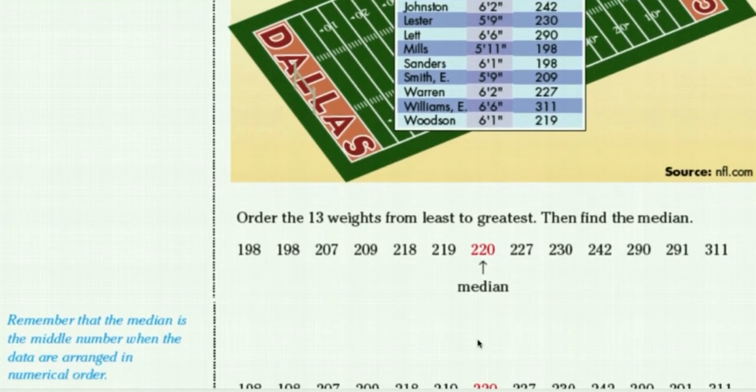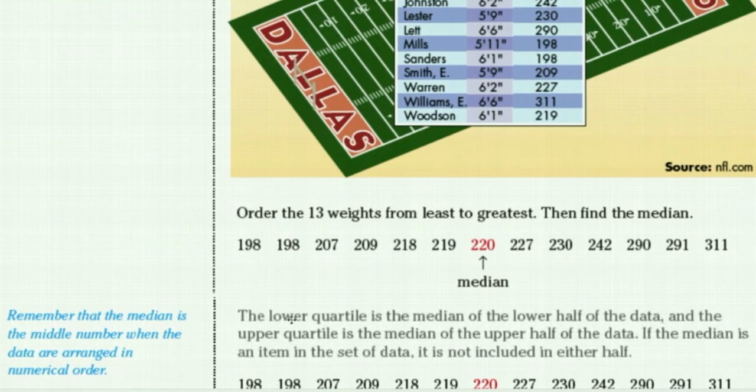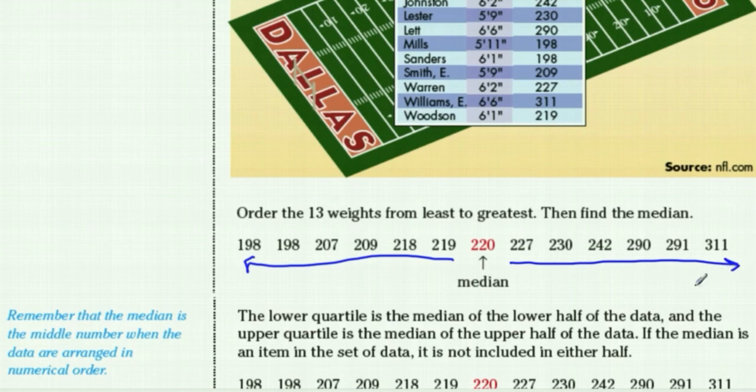To find the lower quartile: the lower quartile is the median of the lower half of the data, and this is the lower half right here. From that point to that point is the lower half, and the upper quartile is the median of the upper half, and this is our upper half.